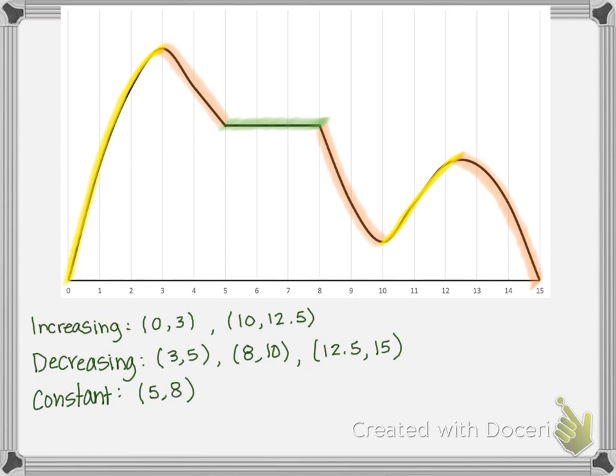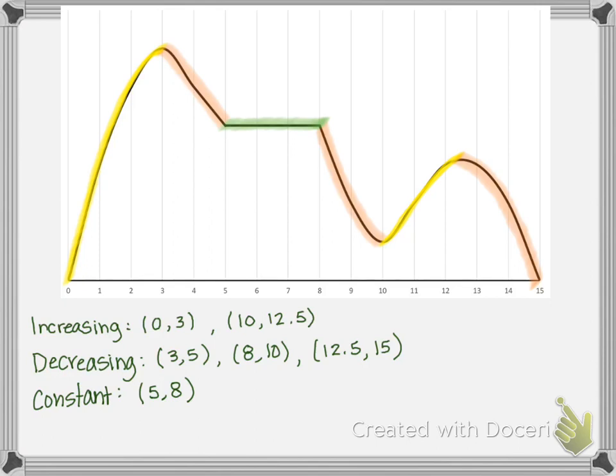And one thing you can notice is that we are always either going up, down, or straight, right? So everywhere on our journey is accounted for by one of these intervals, but they can't overlap, right? It's impossible to be both increasing and decreasing.